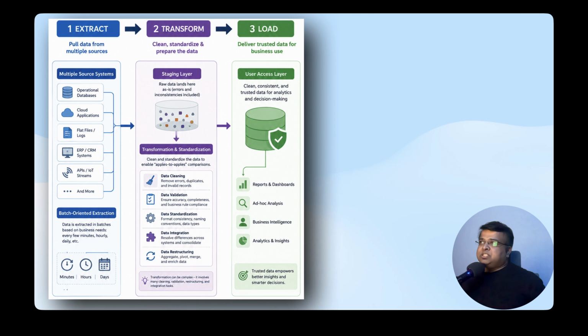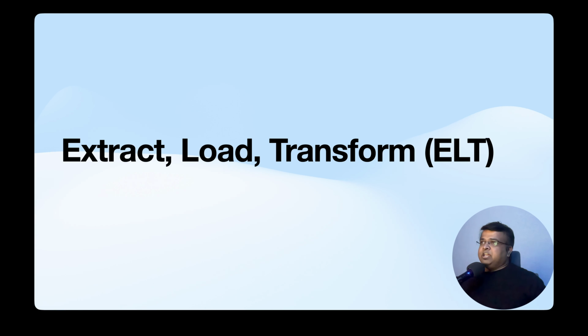One major challenge is that a lot of business analysis and data modeling needs to happen upfront before the data is even stored. You cannot just dump the data from different systems into a warehouse and hope everything works. You need to understand the business rules, the design schema, and define how the data should be structured ahead of time. And that is where ELT started becoming popular, especially with the rise of big data and data lakes.